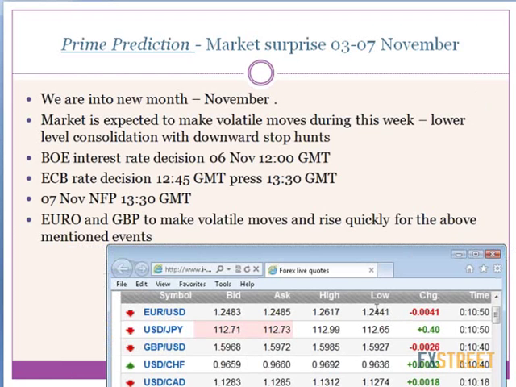So during the start of the day, you would have noticed that they made a very quick drop in the case of Euro and GBP, and then subsequently gained the levels, and they are not cutting the new low. So whatever the low they set, they have not breached that low. That indicates they make an extended downward stop and then take it up.